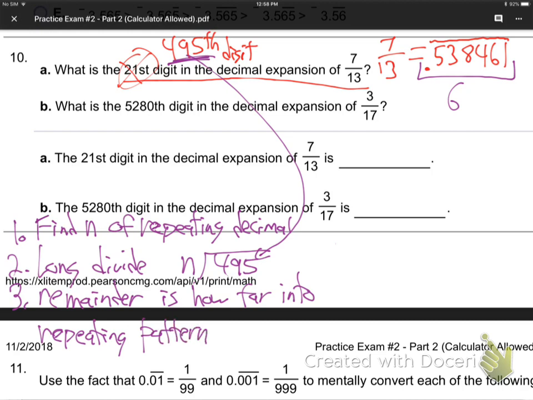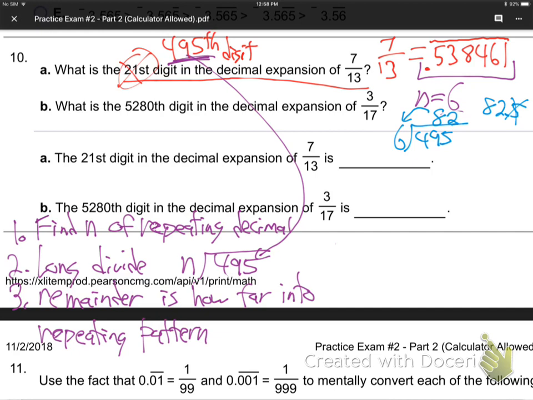So you can put this on your 3x5 card. In other words, n is 6, 6 numbers repeating. I'm going to long divide 6 into 495. Honestly, I'm just going to use my calculator. 495 divided by 6, and I get 82.5. I'm not going to do the 0.5. Cut off the 0.5, just do the 82.